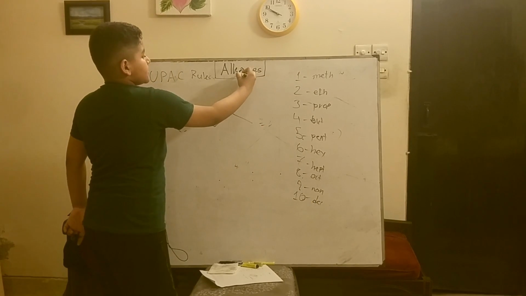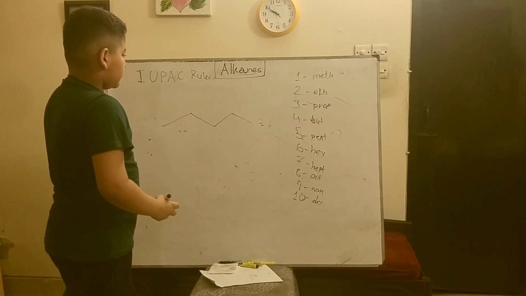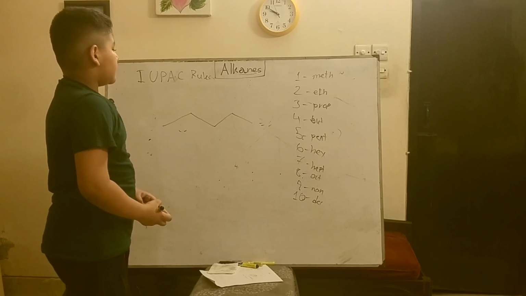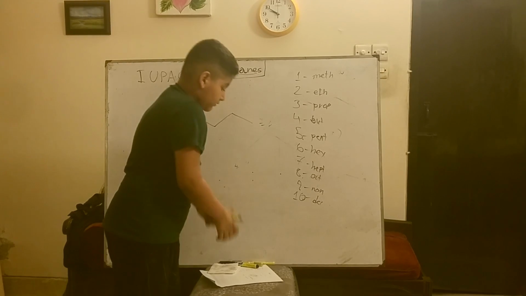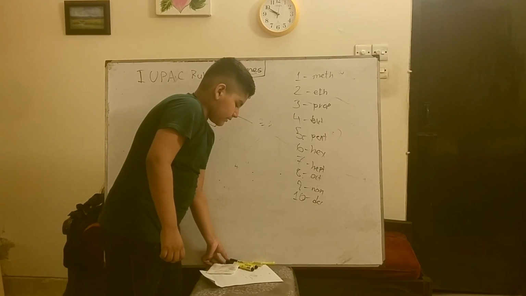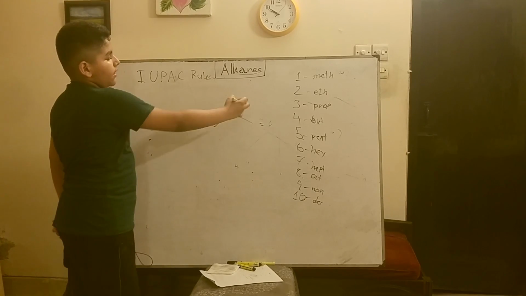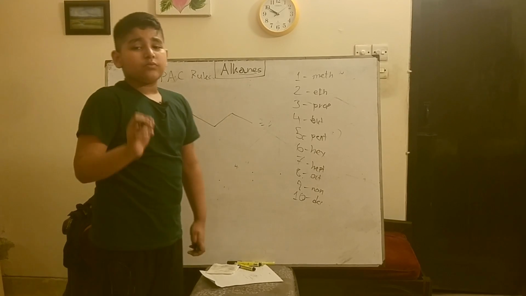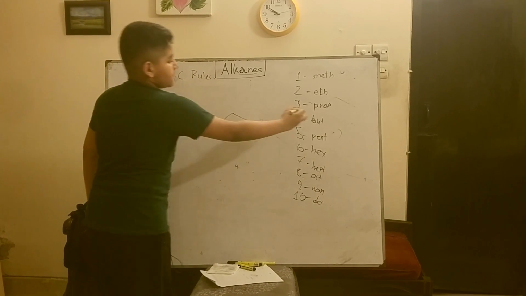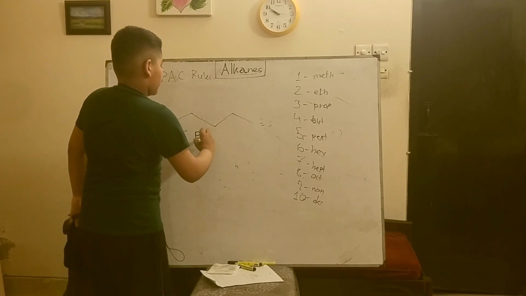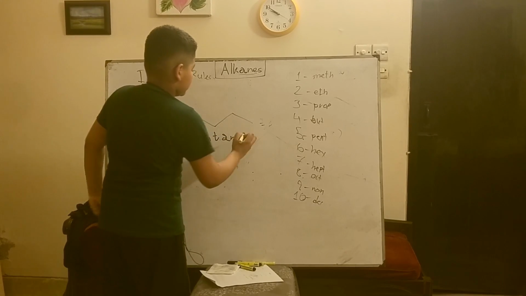The suffix would be ane. Now, we have something like this molecule, which we drew at first, and this has 5 carbons, which is what's important in our nomenclature. 5 is pent, so the molecule's name is pentane.